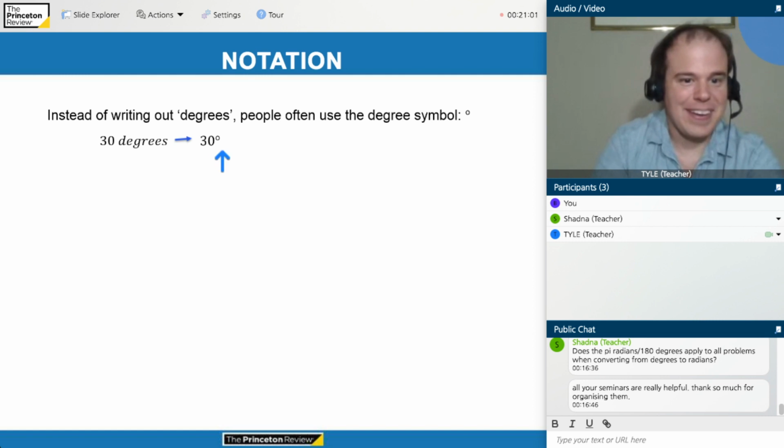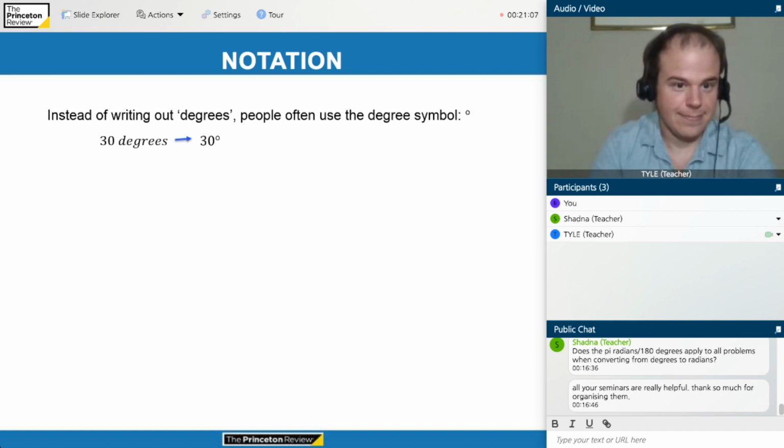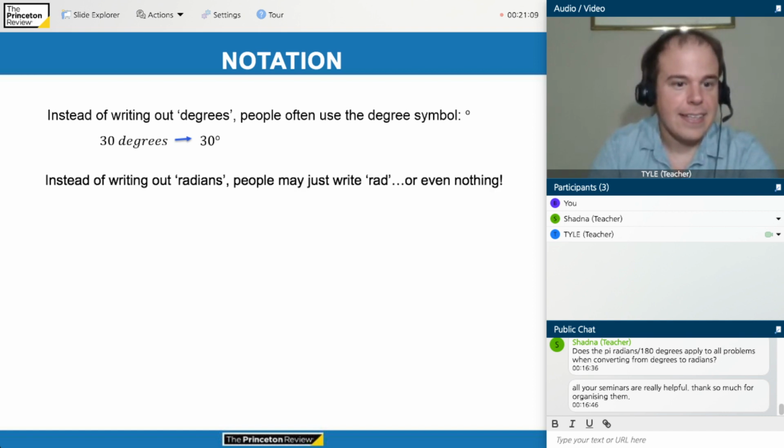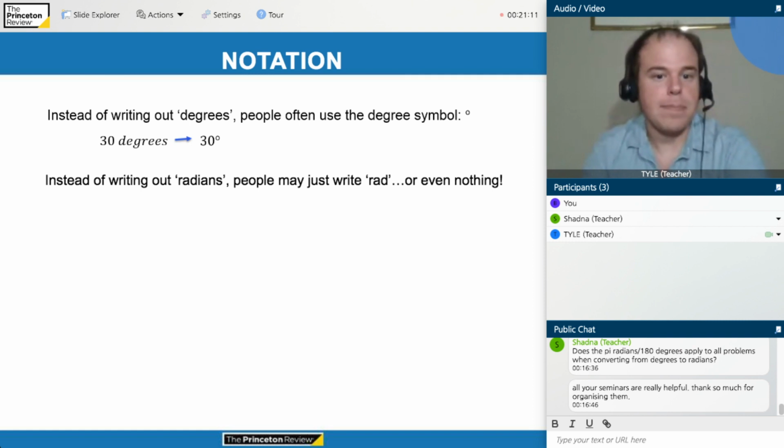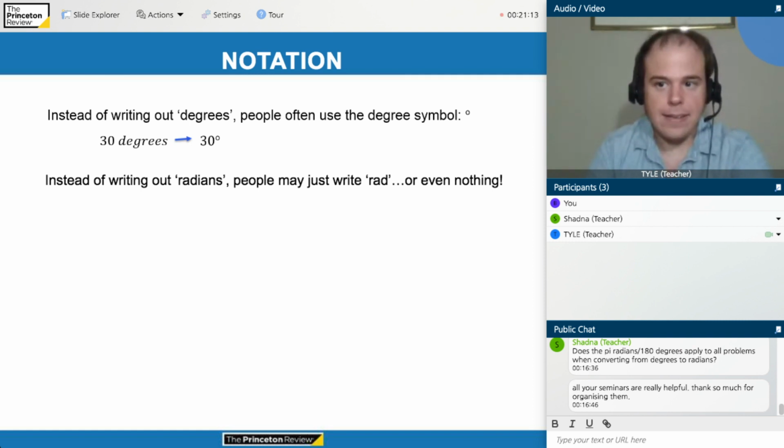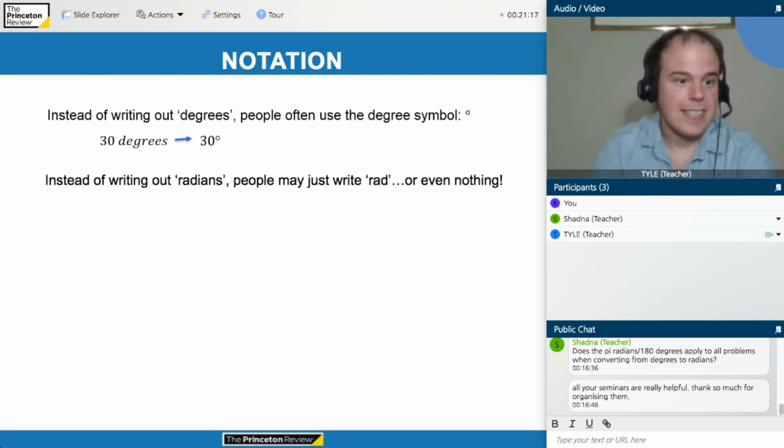So there's the little degree symbol. So 30 degrees just written in two different ways. Instead of writing out radians, people may just write rad, as an abbreviation, or sometimes people just don't write anything. They just write the number.